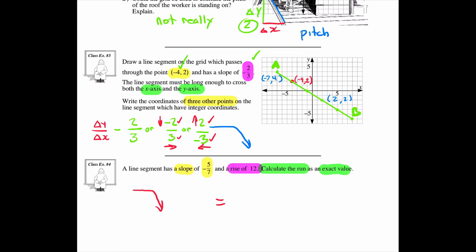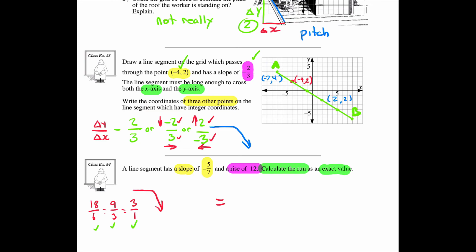So remember, if I got a slope of 18 over 6, if I divide this by 2, that's going to be 9 over 3, which is the same as dividing 3 into there, 3 over 1. So all of these are the same slope, same ratio between the top and bottom number.